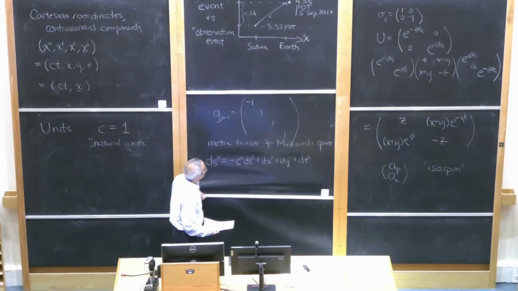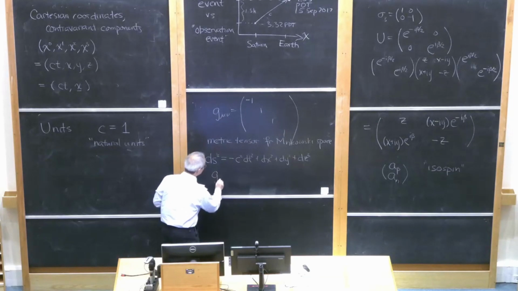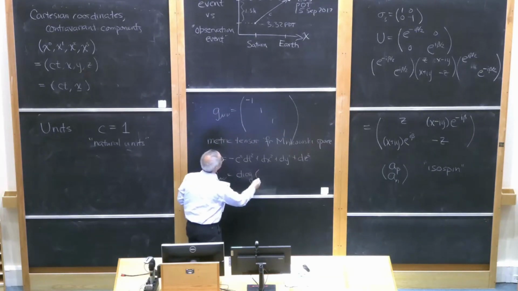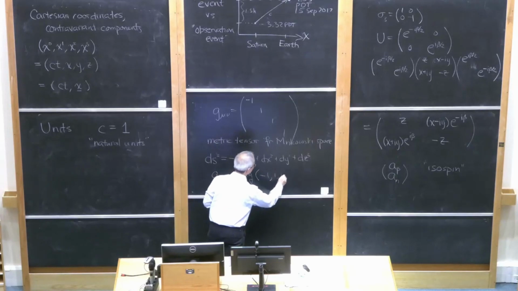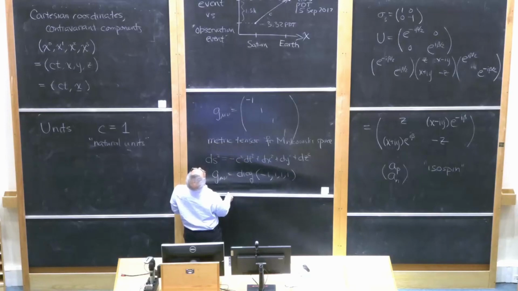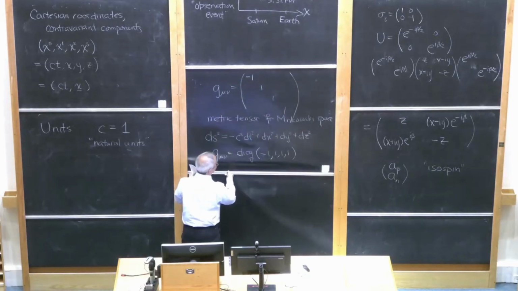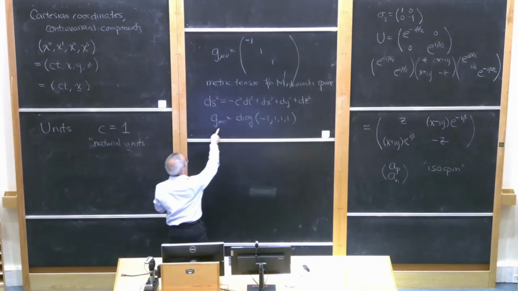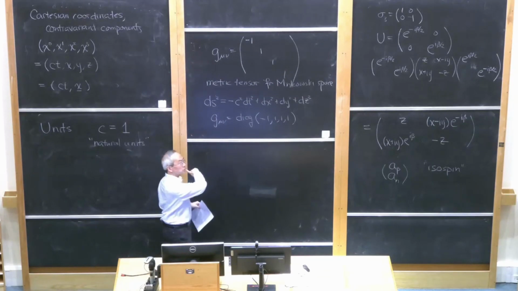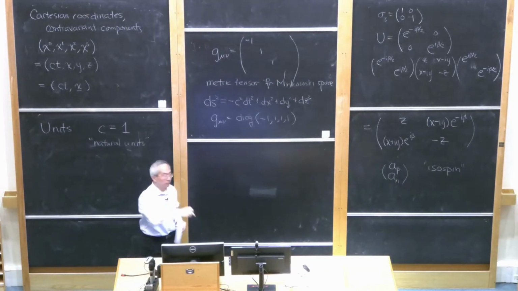Sometimes people will write g mu nu as simply saying this is a diagonal with this signature. I do have to give you a warning, which is that this is the metric that we're going to use in B2 as well as B5.